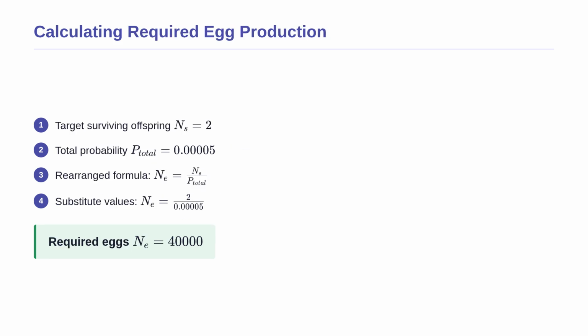Building on that incredibly low total probability, let us calculate how many eggs the adult tapeworm actually needs to produce. We are given a target of 2 surviving offspring, so NS equals 2. We want to ensure the population grows, not just replaces itself. We rearrange our original survival formula to solve for NE, the initial number of eggs, by dividing NS by the total probability.